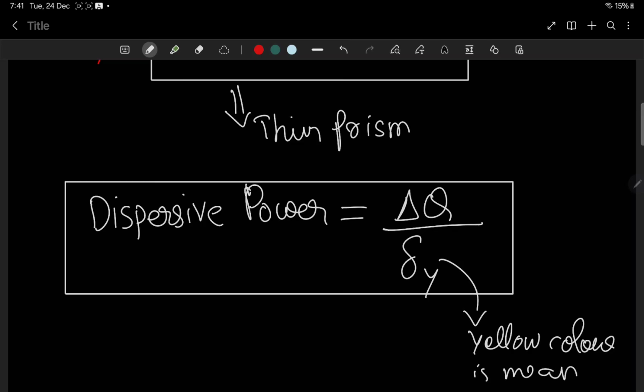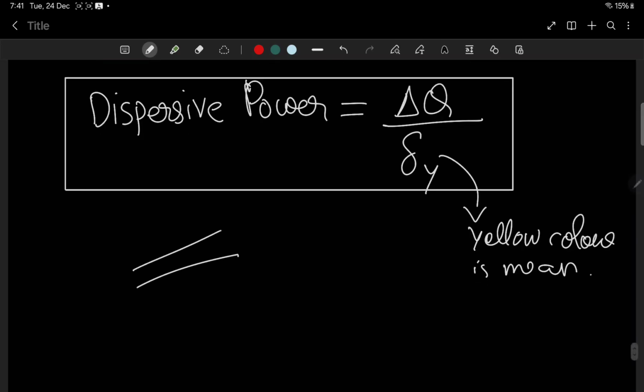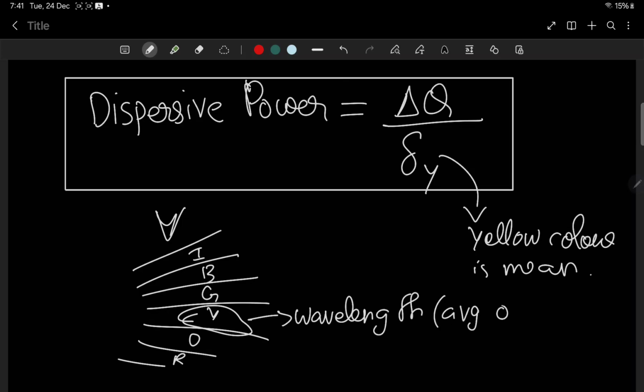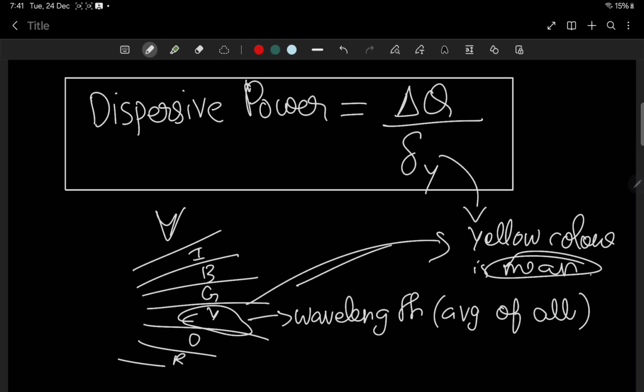It is in the middle of the visible light spectrum. Look: violet, indigo, blue, green, yellow, orange, red. Approximately, yellow's wavelength is the average of all. Therefore yellow is chosen as the mean color.